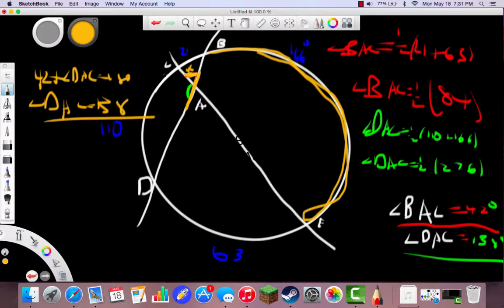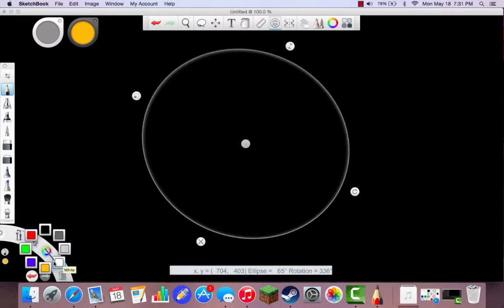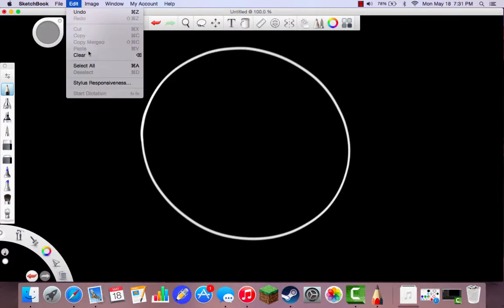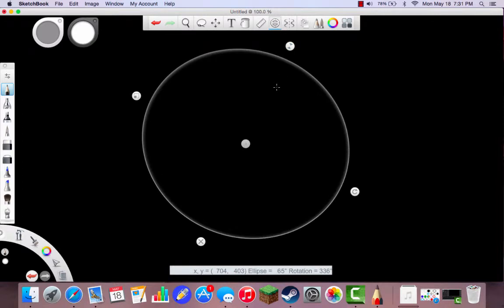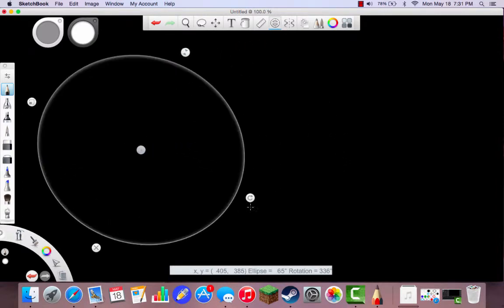Okay, so next I want to look at the final angle relationship, which is going to be the exterior angles. So really, we could have three different circles here if you think about it.